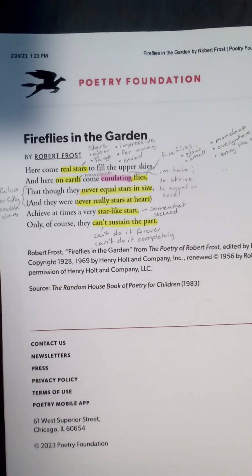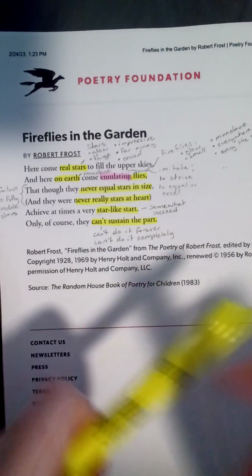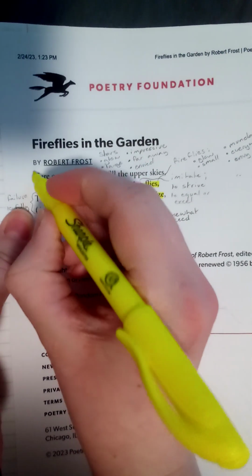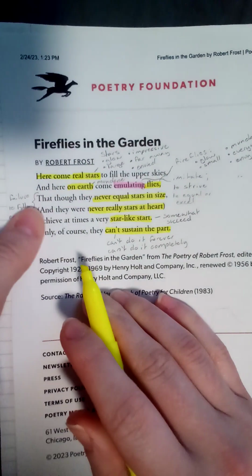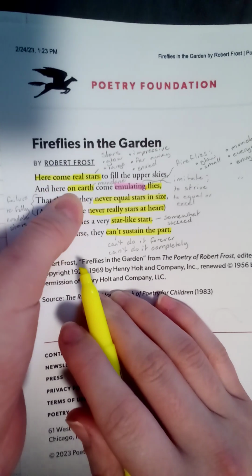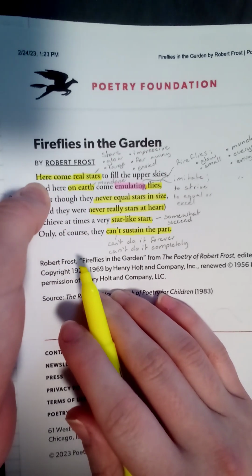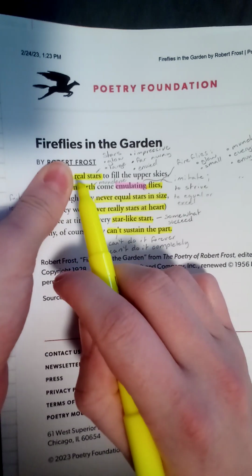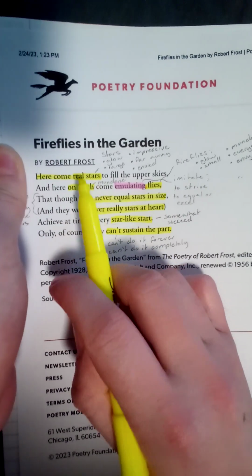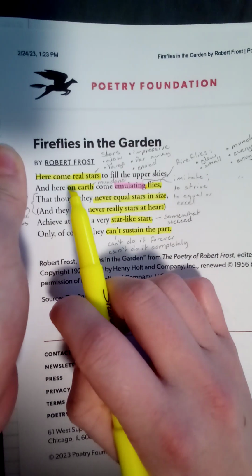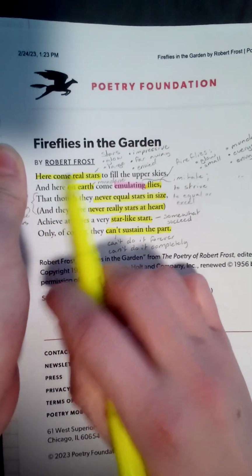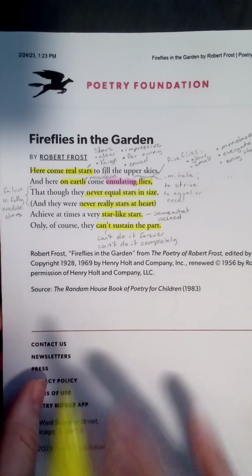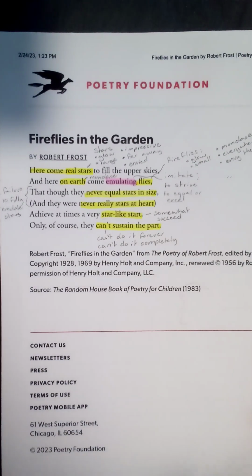So if I were to highlight, for example, here come real stars, well, what does that add? I don't really think that adds anything, right? I want to just highlight what's relevant. The subject that's being compared to the flies, right? And just because, here they come, that doesn't really add anything to my analysis. So that's one thing to avoid.